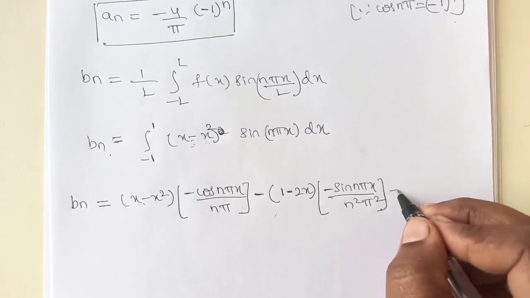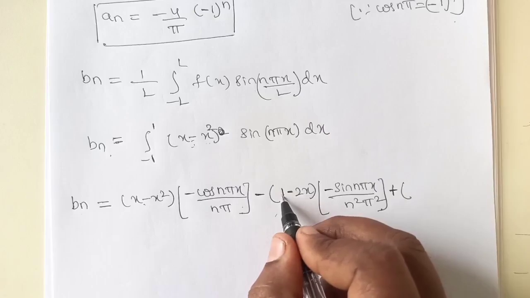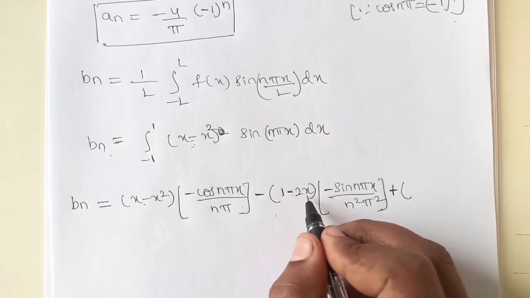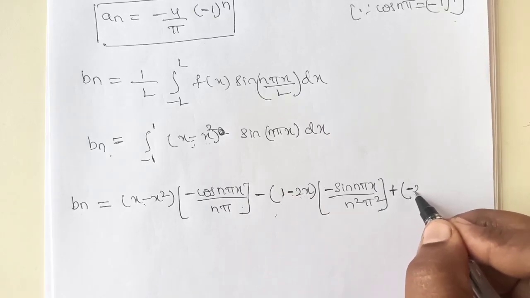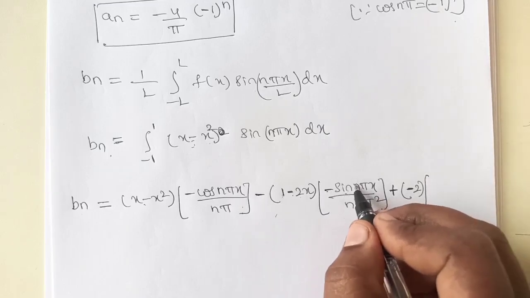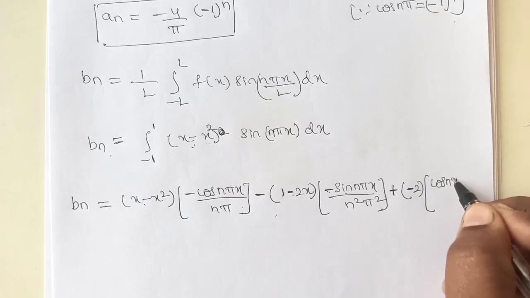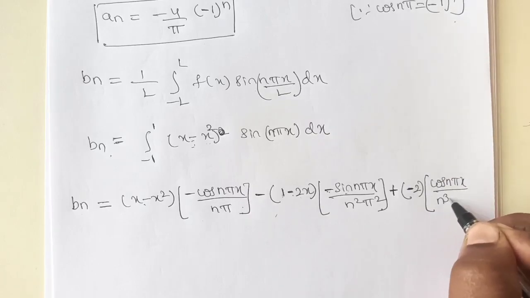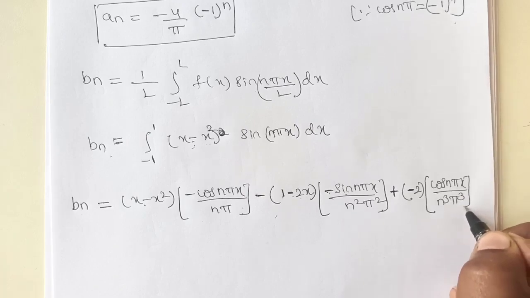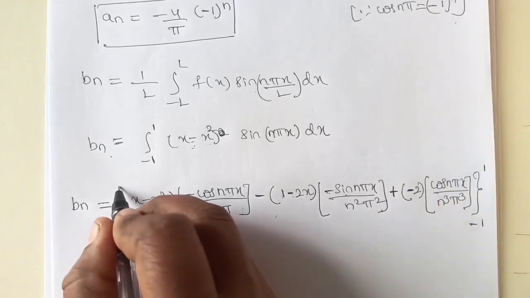Now alternatively we get plus sign, so here 1 differentiation is 0, this x minus 2x differentiation is minus 2, the sin integration is minus cos, minus into minus we get plus cos n pi x divided by n cube pi cube, and the limits are minus 1 to 1.